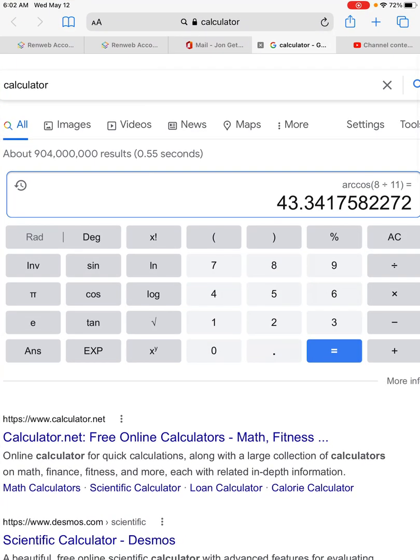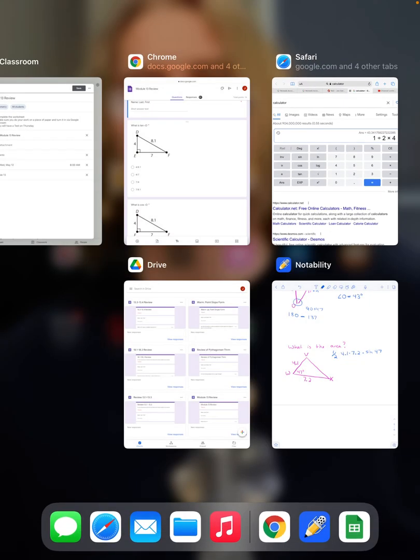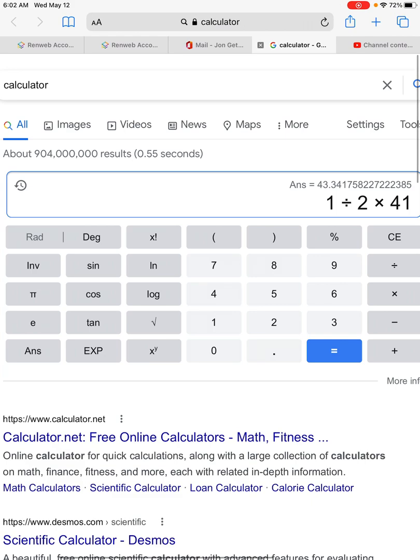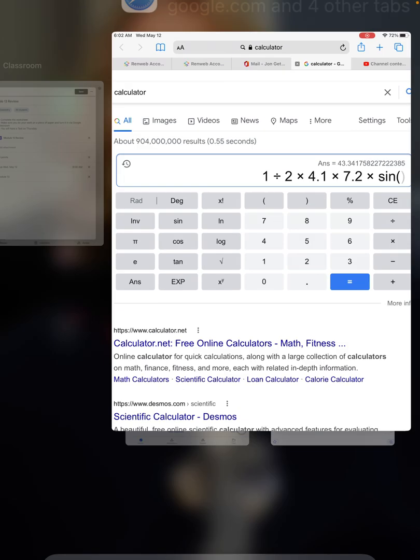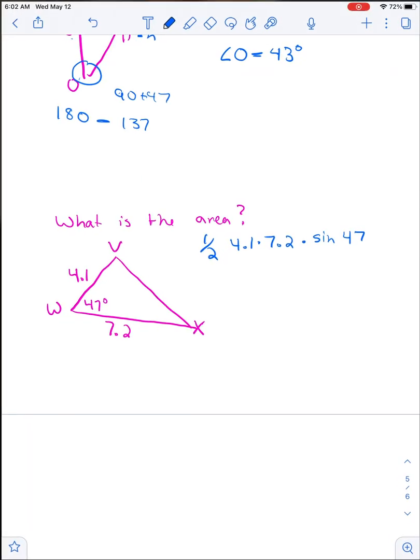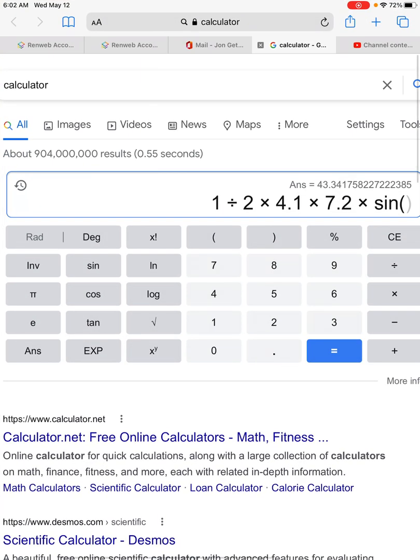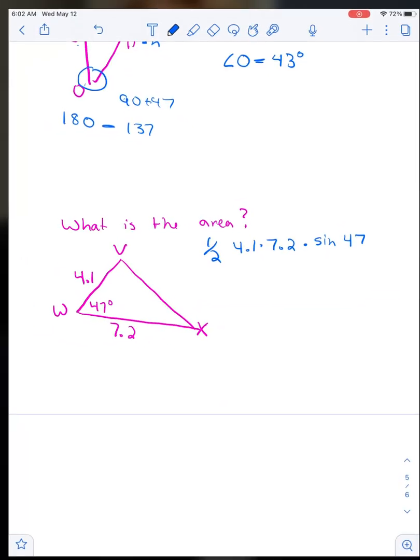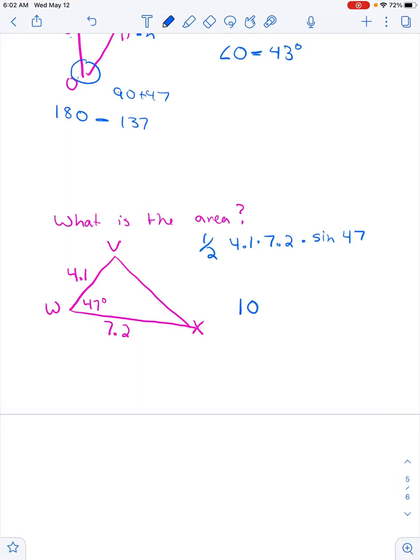But then we go ahead and do that. 1/2 times 4.1 times 7.2 times the sine of angle 47. And so that's about 10.8. And we'll just say units, since it's area, it will be squared.